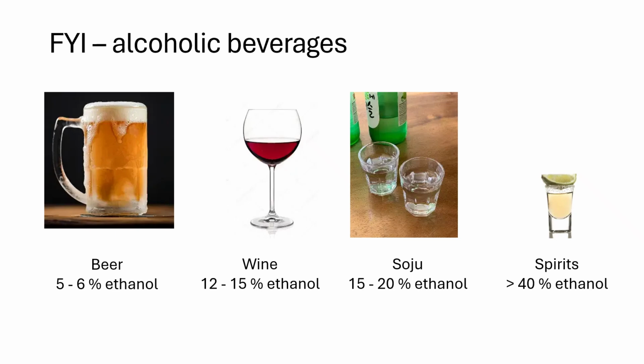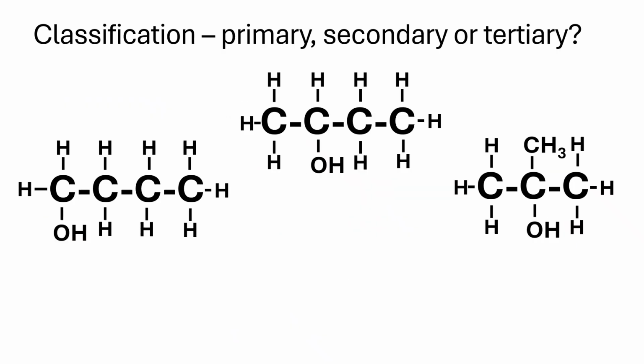This is to keep the amount of ethanol reasonably constant. Using n equals CV, when the concentration increases, the volume has to decrease to keep the amount of moles almost constant. Isn't this interesting?